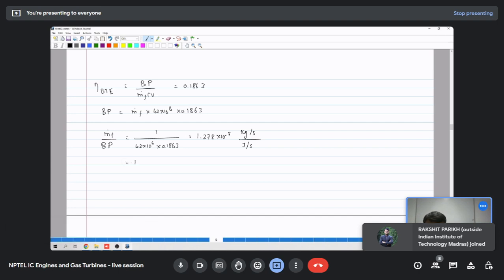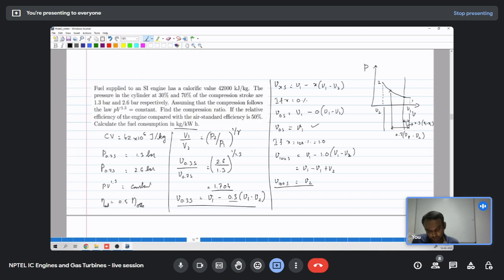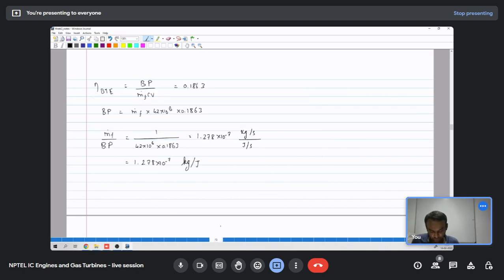So this is 1.278 into 10 power minus 7 kilogram per joule. In the question we were asked to find kilogram per kilowatt hour. So 1 kilowatt hour is equal to 10 power 3 watt hours, which is 10 power 3 watts into 3600 seconds, right?